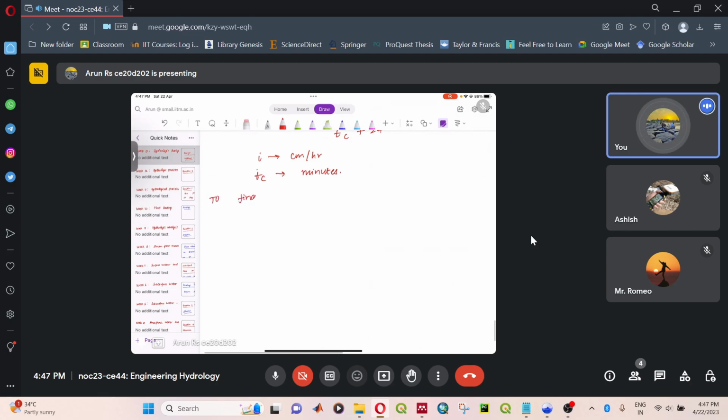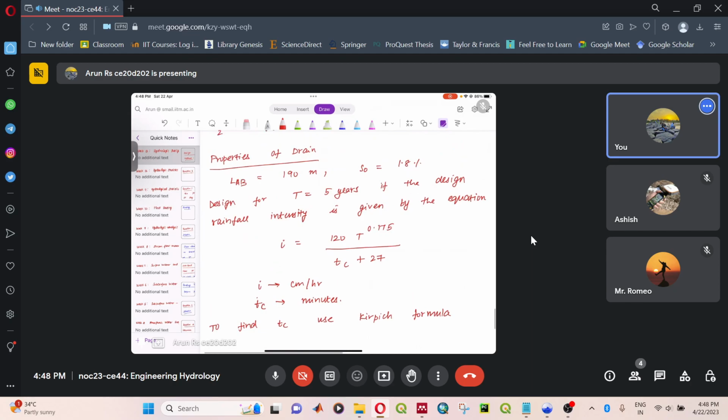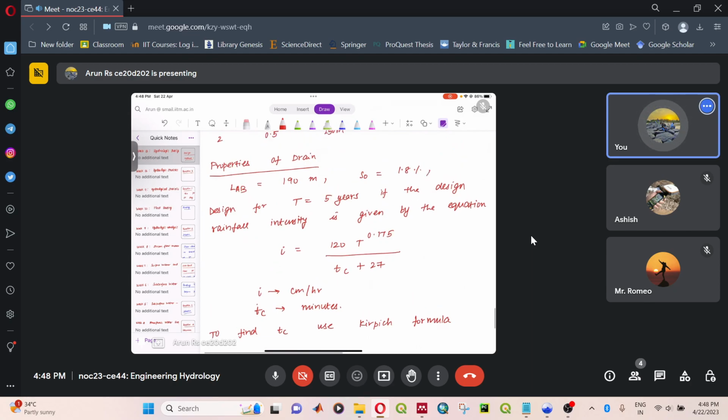To find Tc, use the Kirpich formula. And here, for the properties of drain, the Manning's n is given as 0.014.